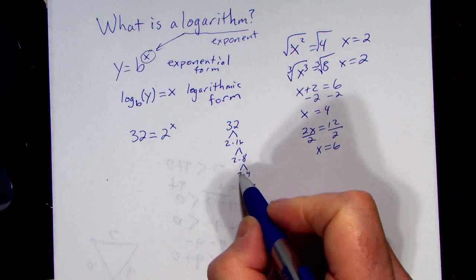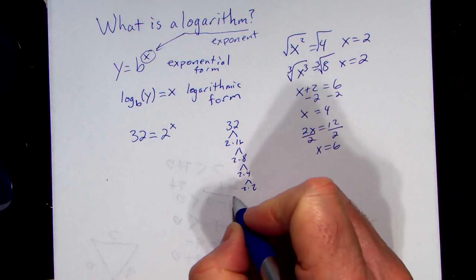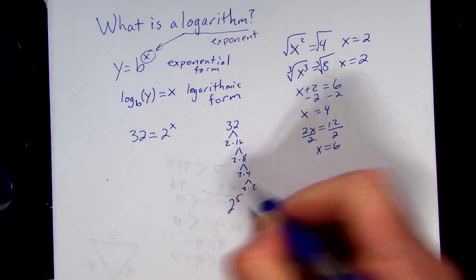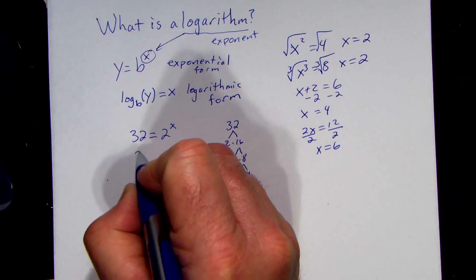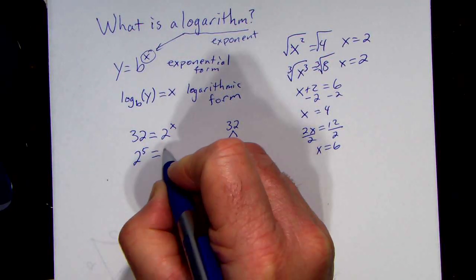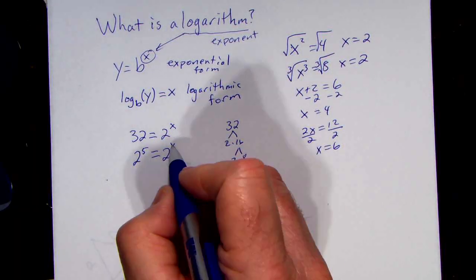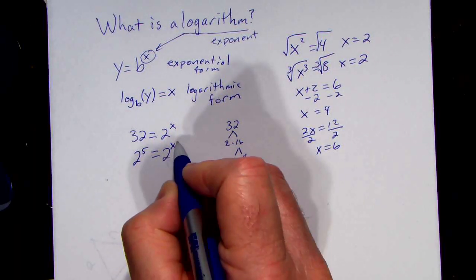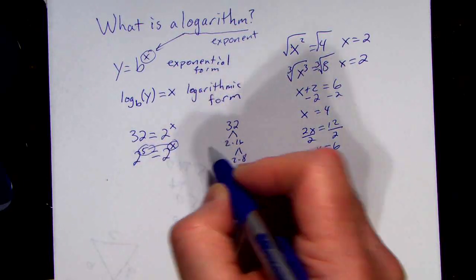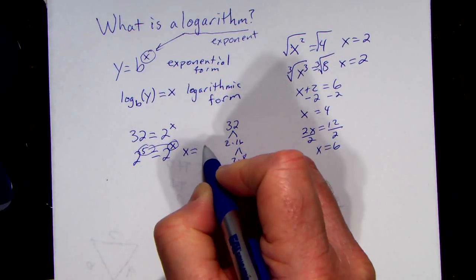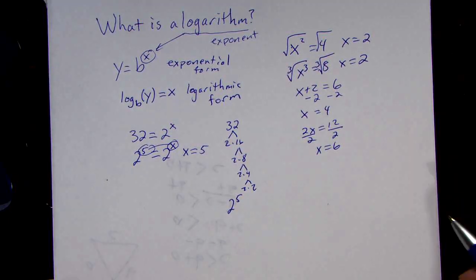And that's 1, 2, 3, 4, 5 2's. So 32 is 2 to the 5th. We would rewrite 32 as 2 to the 5th and get it equal to 2 to the x. We would then solve this by looking inside. The bases are the same, so the exponents must be the same, and we know that x equals 5.